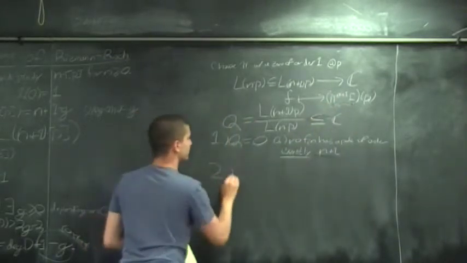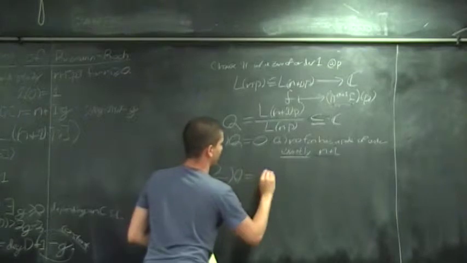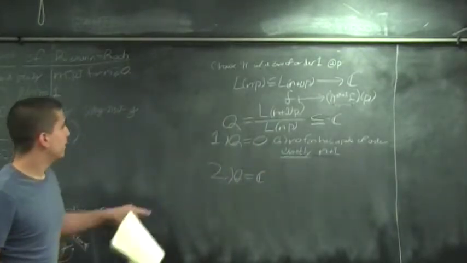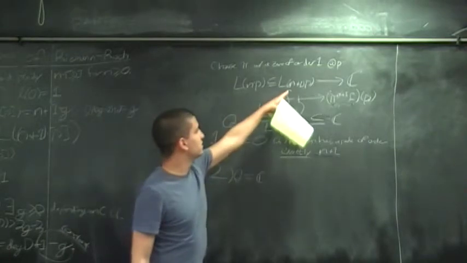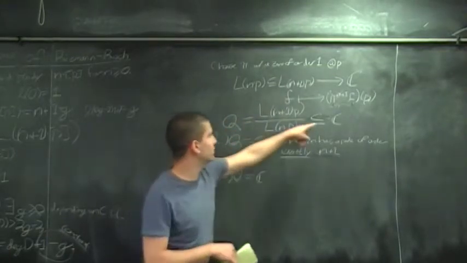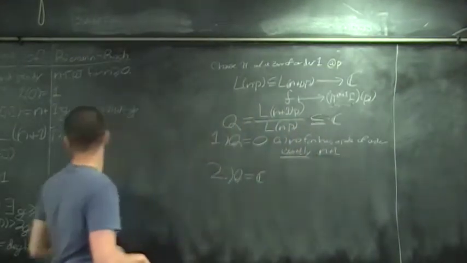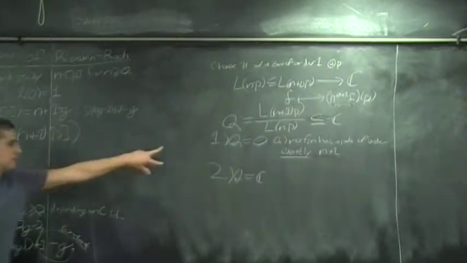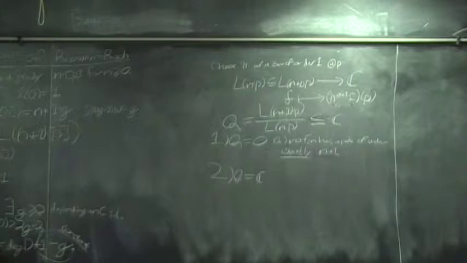The other case is that Q is actually equal to C. In this case, we see that the quotient has dimension 1, which means that we had a 1 over here. So these two cases that I'm writing down are the same as the cases here where we have a 0 or a 1.